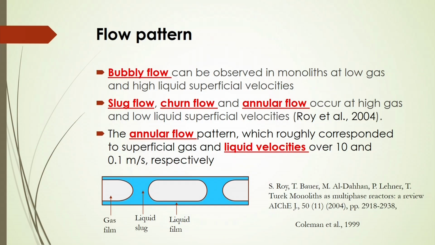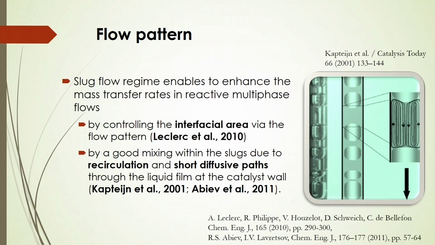Flow pattern also enables enhancing the mass transfer rates in reactive multiphase flow, and especially slug flow regimes are very important in this case. By controlling the interfacial area via the flow pattern, you can enhance the mass transfer rates, as per Leclerc et al. in 2010.